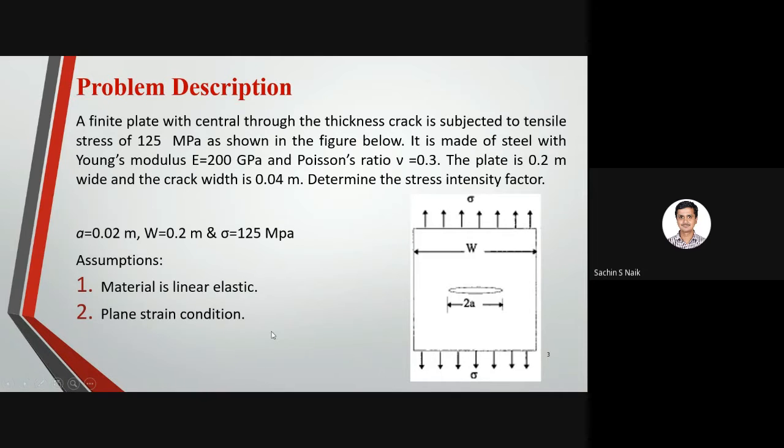There are some assumptions that we are going to make in the beginning of solving this problem. One very simple assumption, because nothing is mentioned about the material except the Young's modulus and Poisson's ratio, is that the material is linear elastic, and it is going to be isotropic, so that it is linear elastic fracture mechanics.